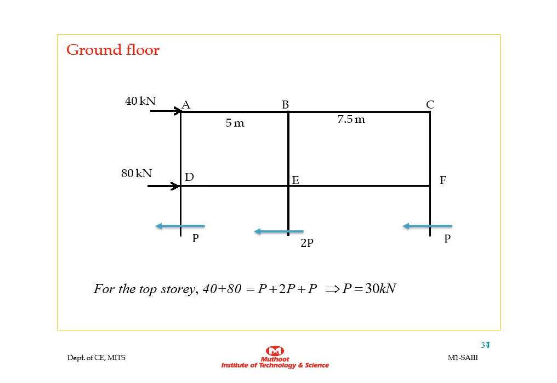The total force acting from left to right is 40 plus 80, and the total horizontal force acting from right to left is P plus 2P plus P. As per the equilibrium condition, they are equal. So P is obtained as 30 kilonewton, that is the force in the exterior column, and the force in the interior column will be 2 times that, that is 60 kilonewton.